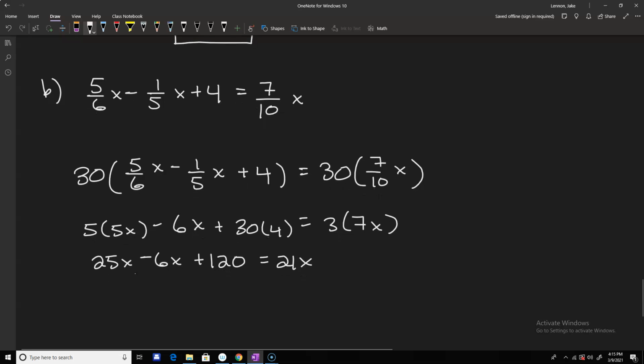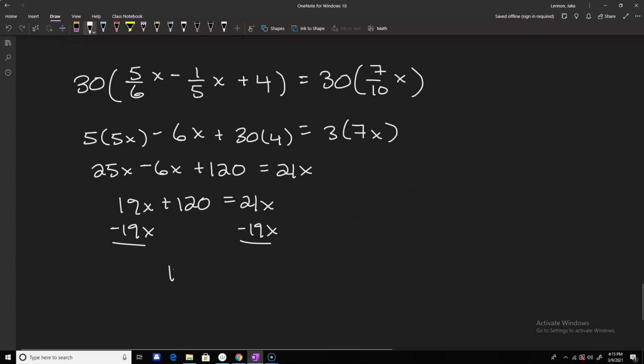So 25x minus 6x leaves us with 19x plus 120 equals 21x. And then we'll subtract 19x. And so we have 120 equals 2x, and we can divide by 2. So we have just 60 as our value of x.